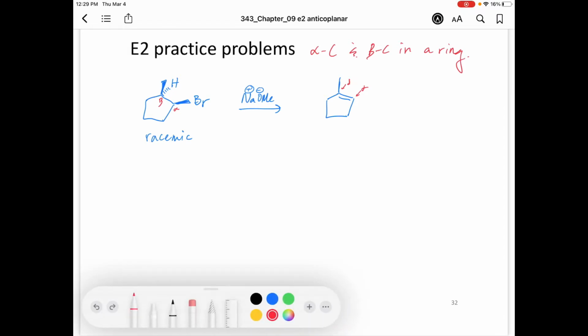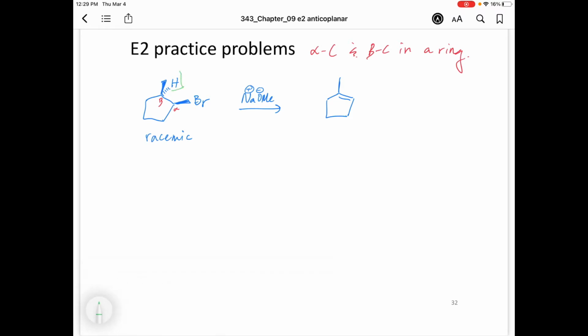When we're looking at this, yes, we made the most substituted alkene, but the key point here is that this hydrogen and this bromine are anticoplanar. When it's in a ring like this, something that helps you spot if this can undergo an E2 reaction is that the hydrogen and the bromine need to be on opposite sides, and in this case it's a wedge and a dash, okay?